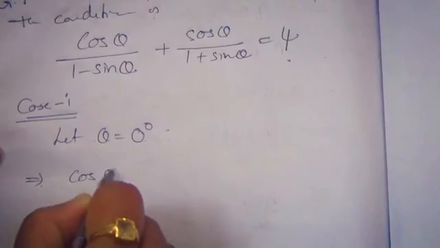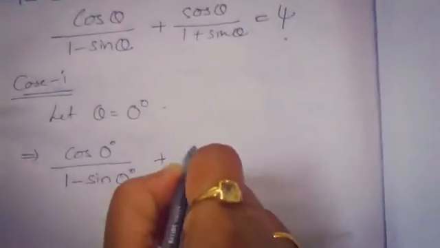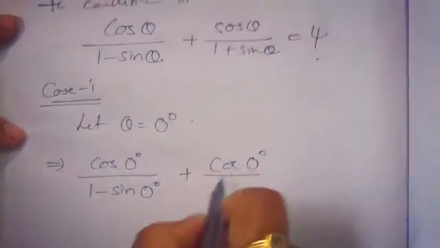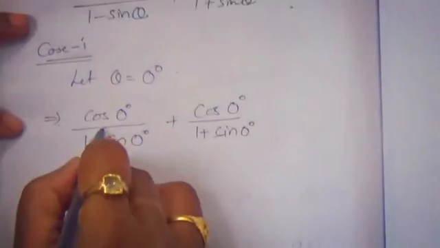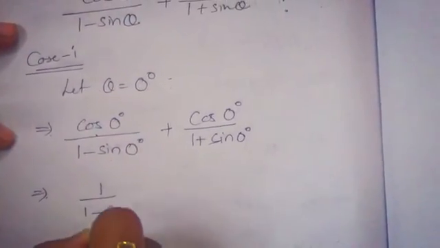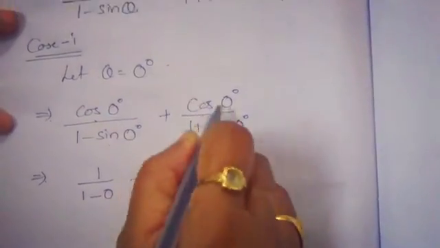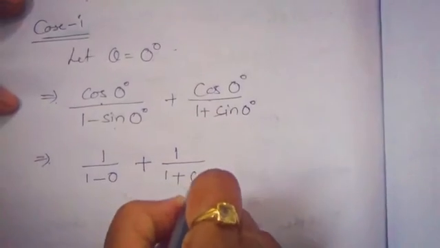So cos 0 by (1 minus sin 0) plus cos 0 by (1 plus sin 0), where cos 0 is 1 and sin 0 is 0.